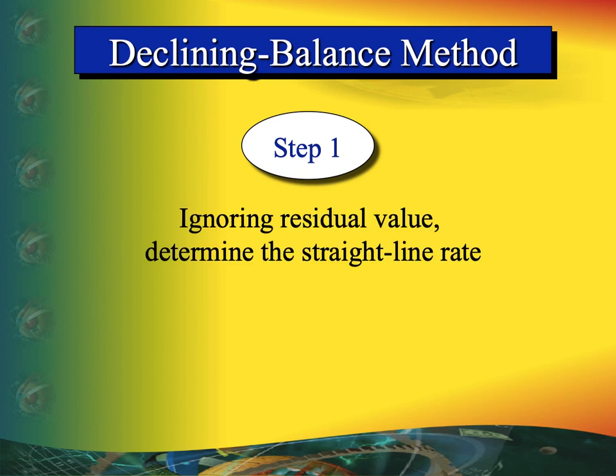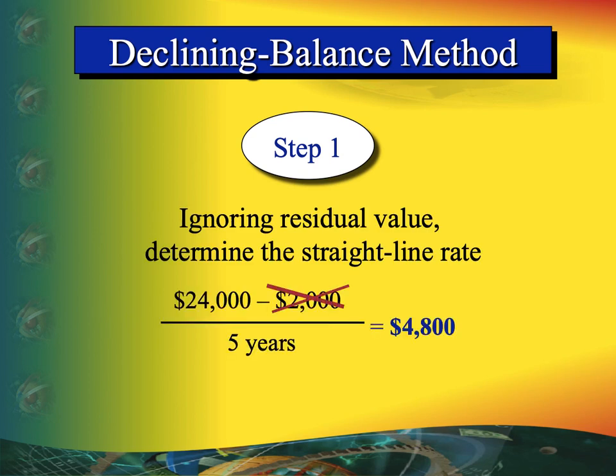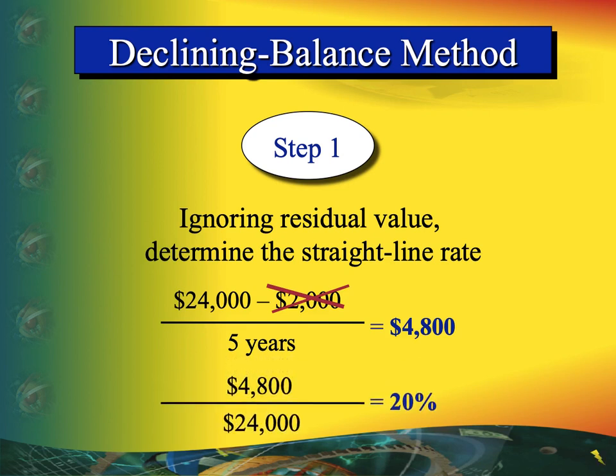The declining balance method has several steps. Step 1, you need to ignore the residual value. I repeat, you have to ignore the residual value or the salvage value in the declining balance method. So you have to determine the straight line rate.